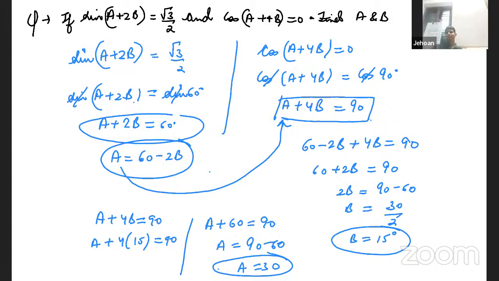Yes, sir. Okay. A for Anna. Yes, Ezekiel, tell me. I forgot sin theta, sir. Then at which value will the value be root 3 by 2, which degree angle?